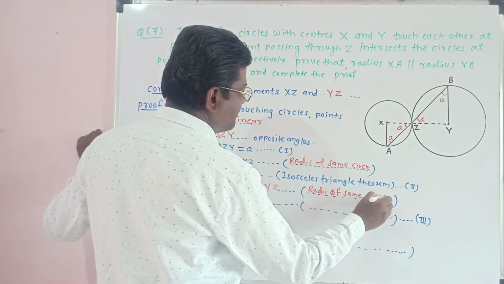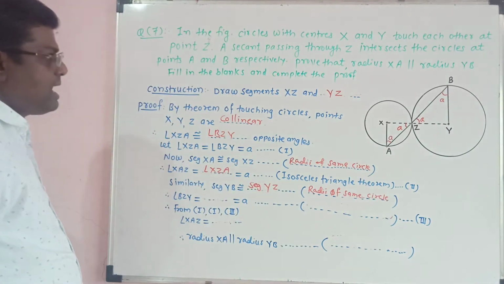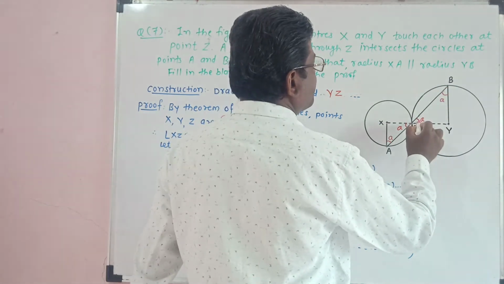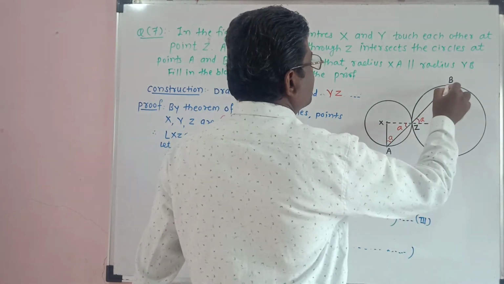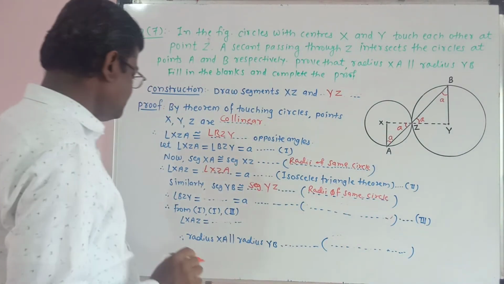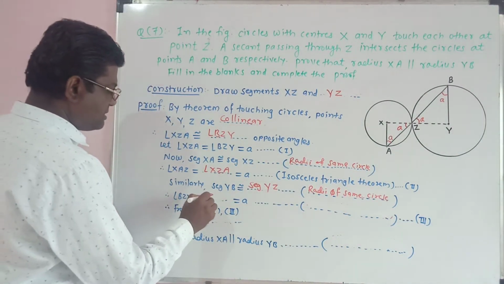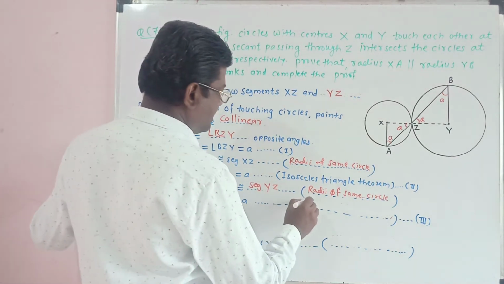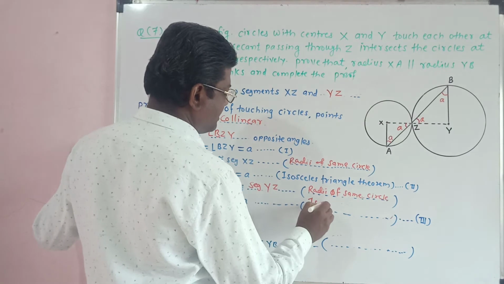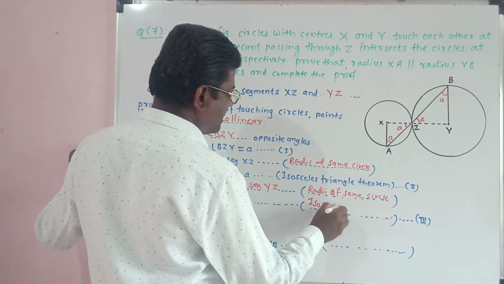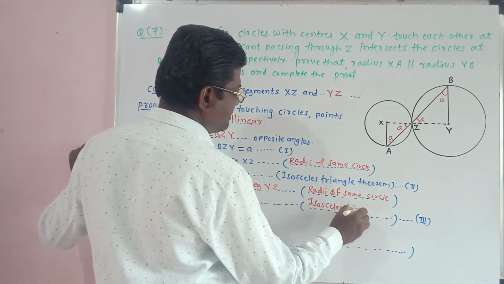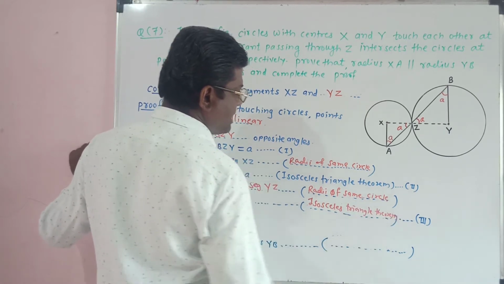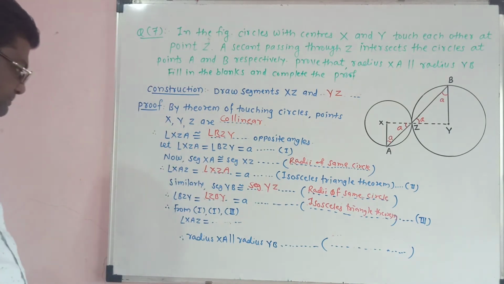Radii of same circle. Now angle BZY is equal to angle ZBY. So we write here angle ZBY is equal to A. Reason is isosceles triangle theorem.